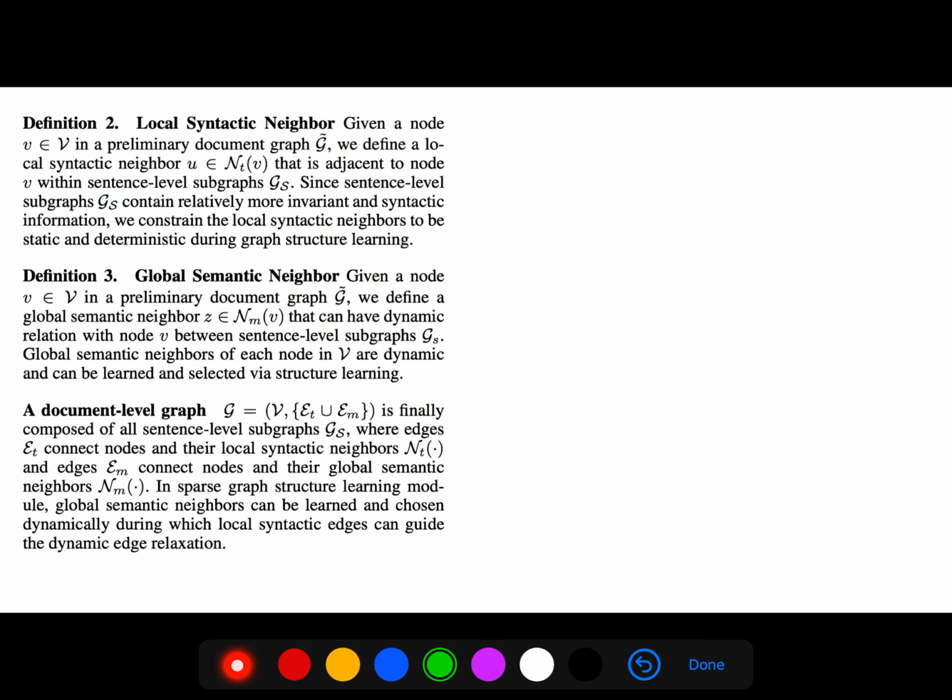So a document-level graph is finally composed of sentence-level subgraphs, where edges connect nodes and their local syntactic neighbors, and edges connect nodes and their global semantic neighbors. So neighbors of local syntactic are these, and then about the semantic are these.